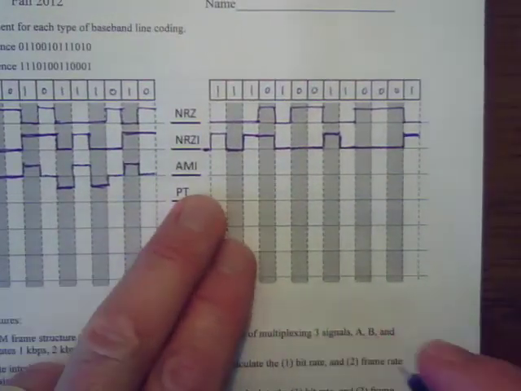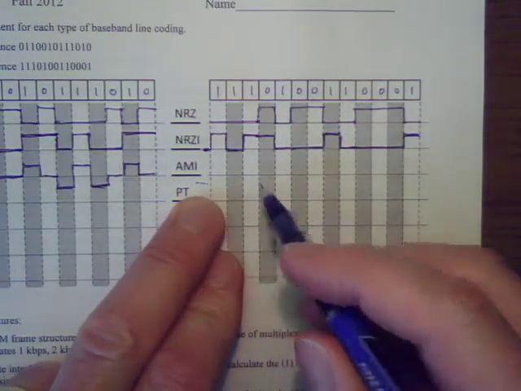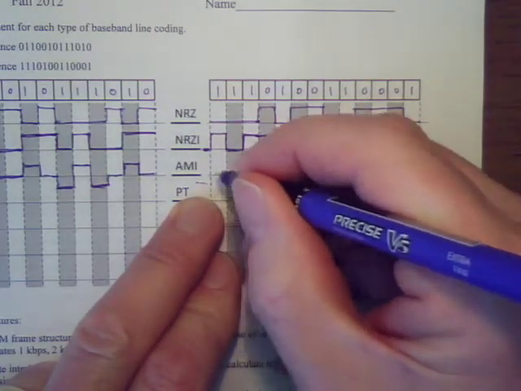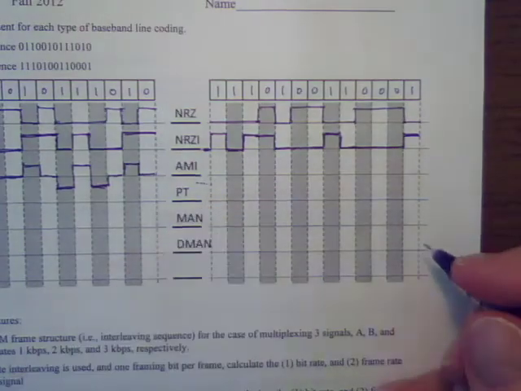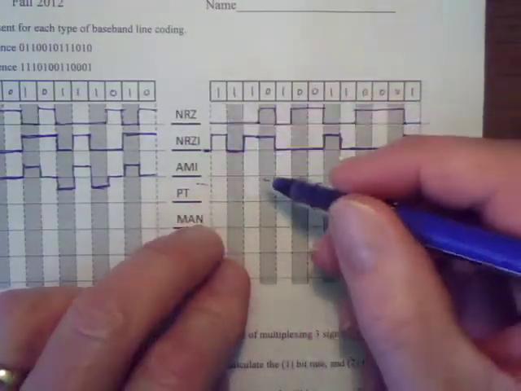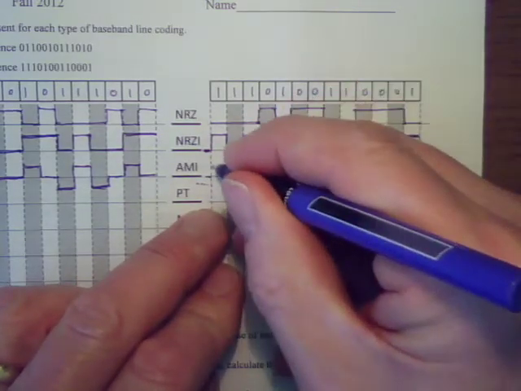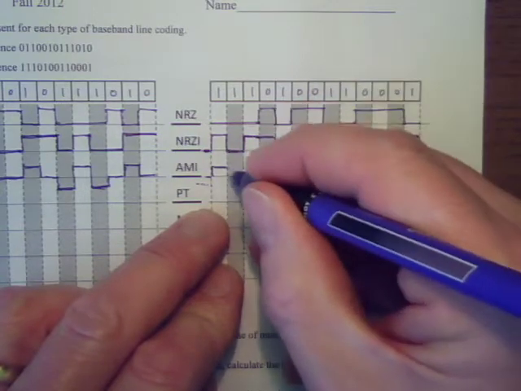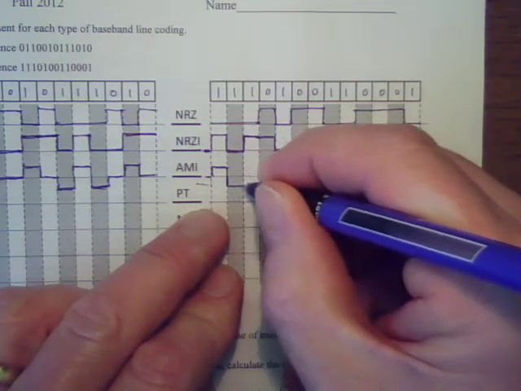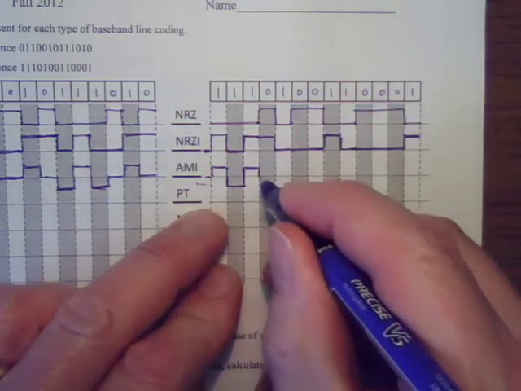For this one, I'm going to do the same thing. I'm going to assume that the recent non-zero voltage was negative, and that the previous value was a 0, and I'm going to go positive on this one, then negative, then positive again, and then back down to 0.